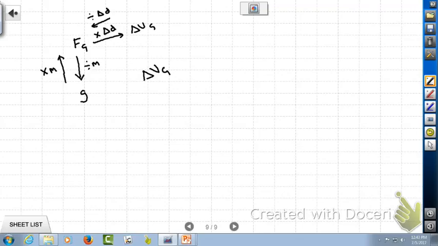Change in energy per kilogram. Want to go from there to there, divide by m. Want to go from there to there, multiply by m. Yeah. You want to go from there to there, multiply by delta D. Want to go from there to there, divide by delta D.